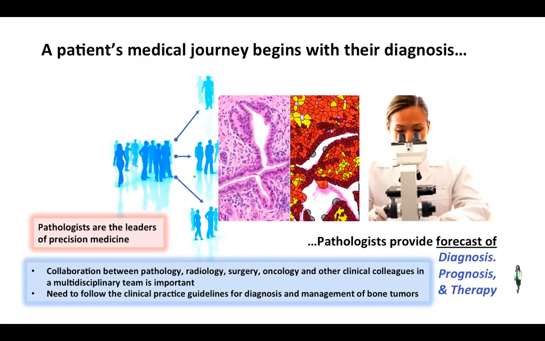In the multidisciplinary care team, it is very important to collaborate between pathology, radiology, surgery, oncology, and other clinical team members. It is also important to practice medicine following standardized guidelines. This is also true for managing and diagnosing bone tumors.